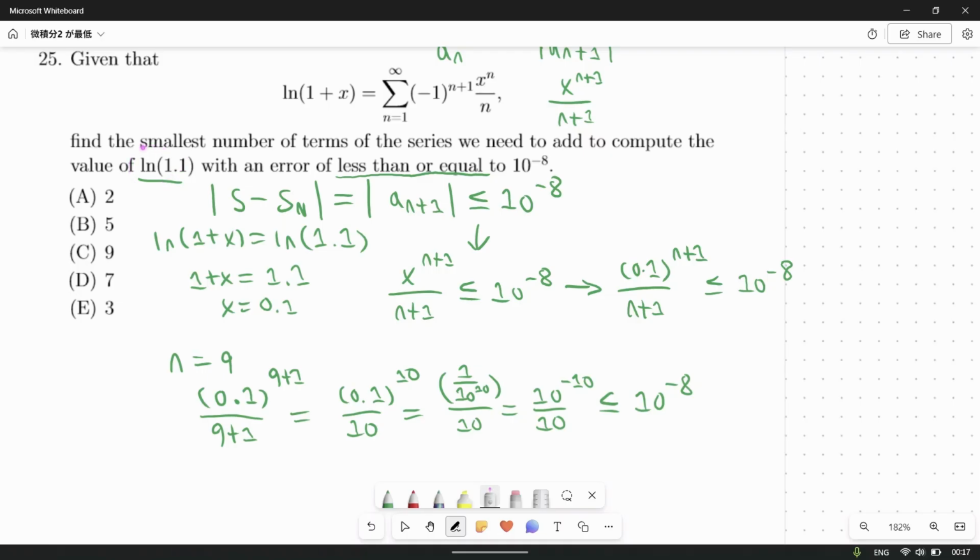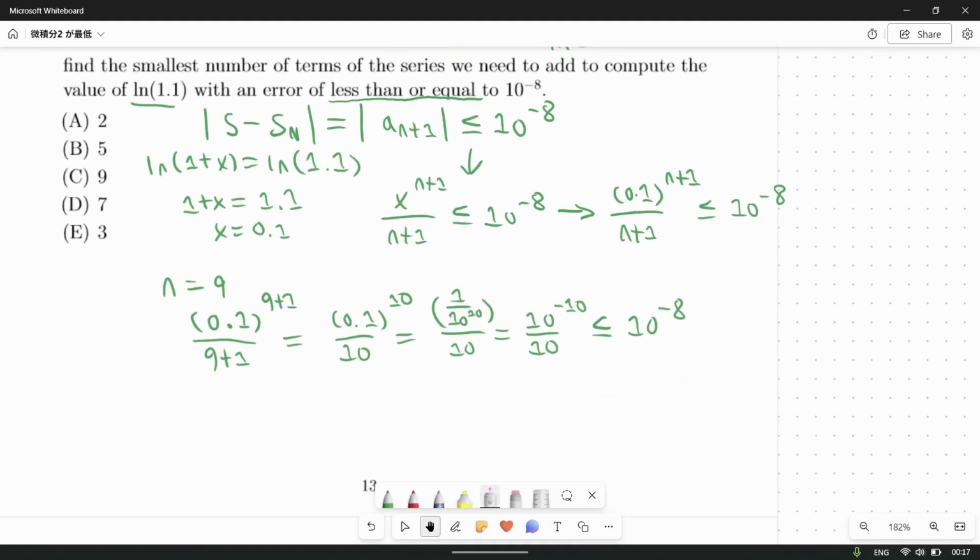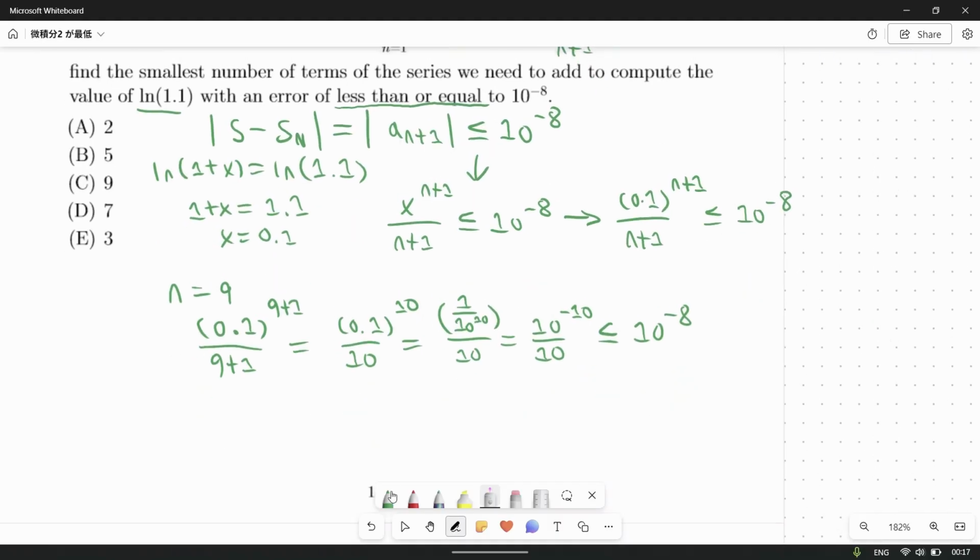The problem is there is a good chance that we can go lower, because it's asking for the smallest number of terms. So since we started with 9, all we have to do from here is just go down. The next number in the process would be n is equal to 8. In that case, you end up with 0.1 to the 9th power over 9, which, going back to the pattern of the way I simplified this over here, we can go straight to simplifying to just 10 to the negative 9 over 9.